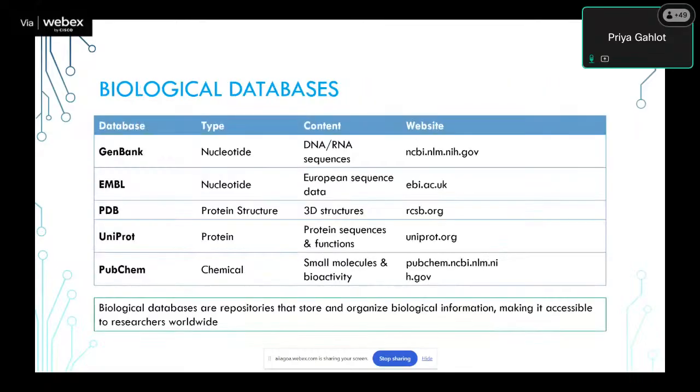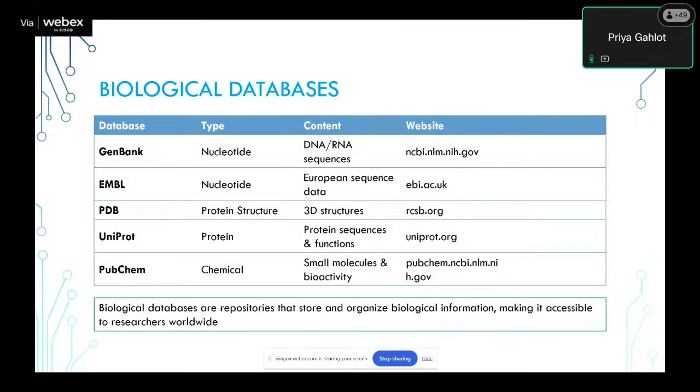As we have discussed, there are certain components to bioinformatics, and I would like to cover the basic concepts of bioinformatics. To start with, we should understand what biological databases are present. There are biological databases like GenBank, which we use for nucleotide studies.